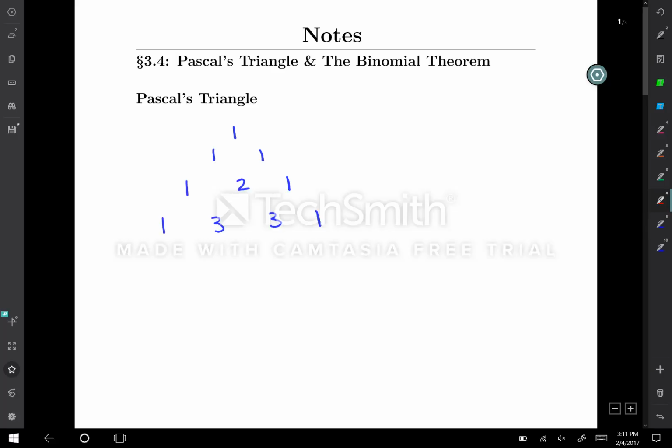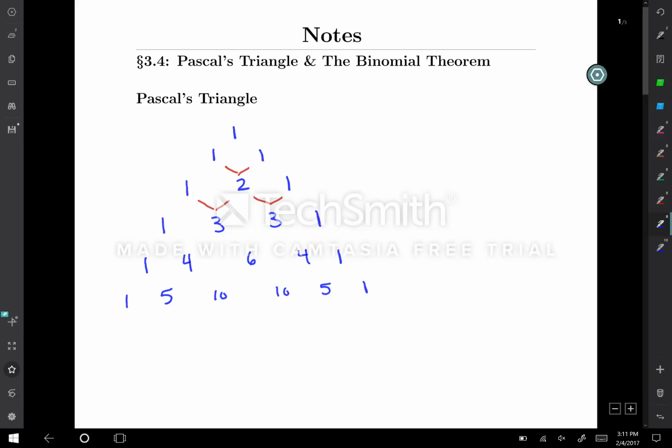Here, as we are continuing down, you'll note that to generate the new entries, we add the 2 entries above it. Each row begins and ends with a number 1. So our next row would be 1, 4, 6, 4, 1. And we could continue this pattern as long as we want.